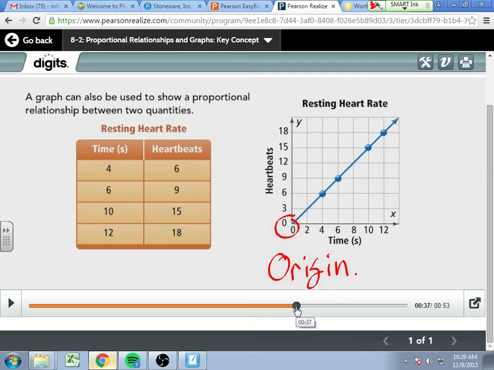We have to have 0, 0, and it must be a straight line. So on your notes, it will be a straight line that goes through the origin. Or you can put 0, 0 point, or however you want to try to remember that. But we call it the origin.